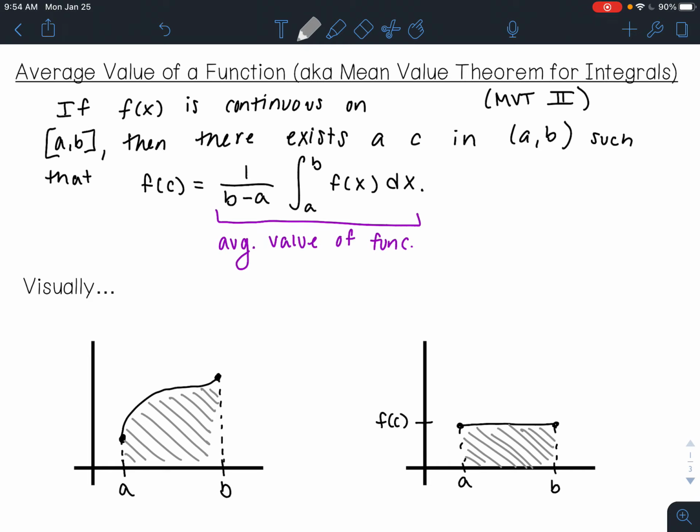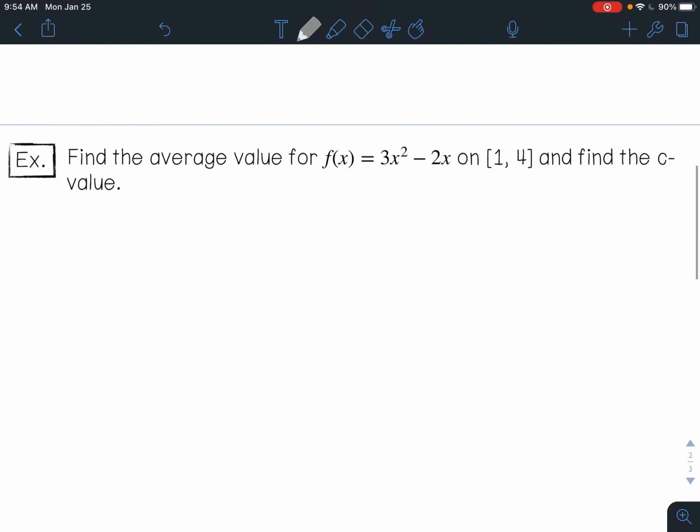So essentially, you're creating a rectangle that has the same area as the definite integral from a to b, where f of c is the height of the rectangle. So the c value you're finding is really telling you how to find the height of the rectangle, to find the average value. So average value is really just, can you take this curvy shape that you're finding the area under, and squish it down into a rectangle? That's all we're doing.